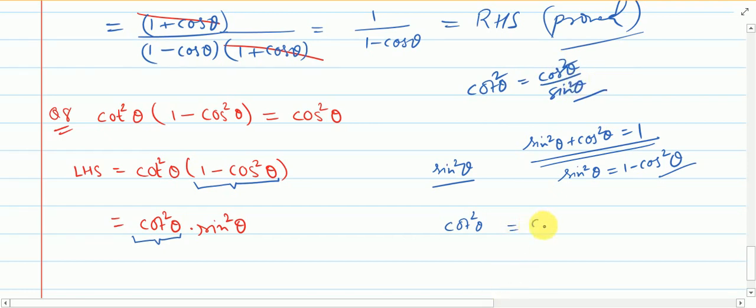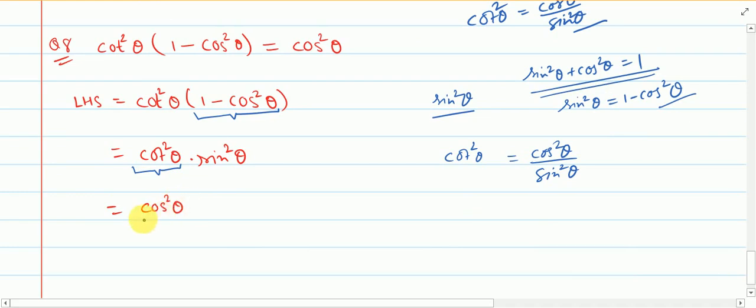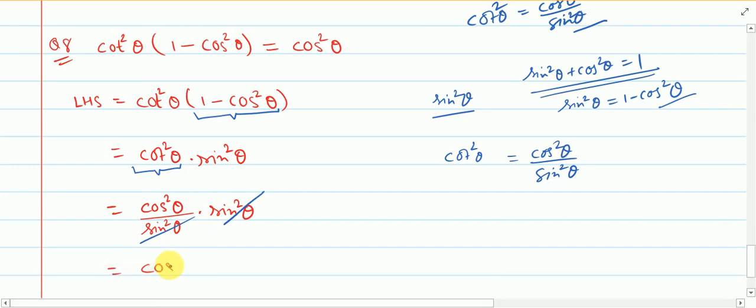So in the next step we will write cos square theta upon sin square theta into sin square theta. So here you see that sin square theta and this sin square theta cancels. So you are left with cos square theta, which is your right hand side. Okay.